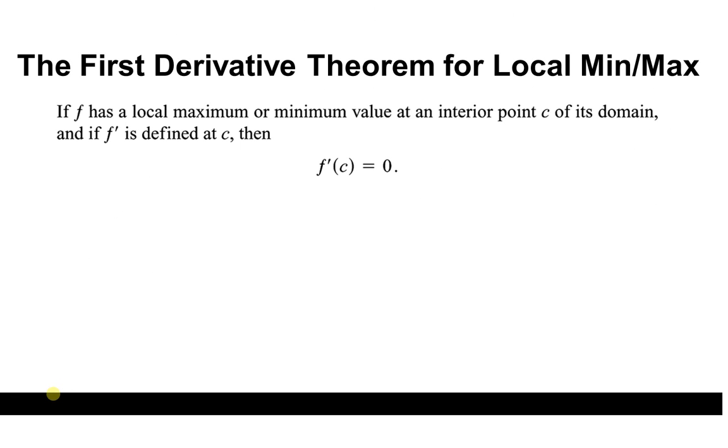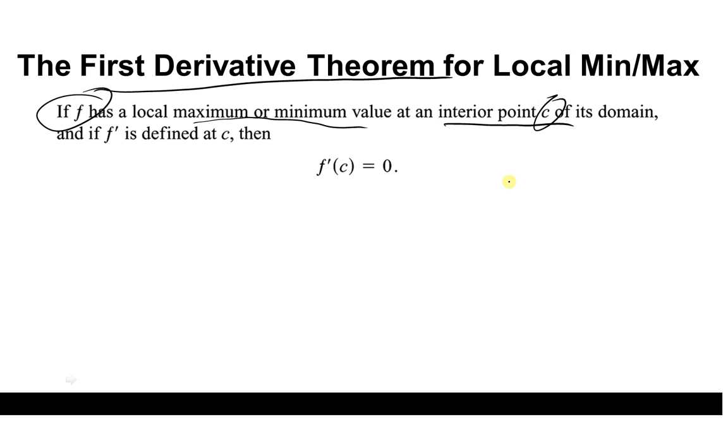Now here's a very important theorem called the first derivative theorem. It says that if f has a local maximum or minimum value at an interior point c of its domain, and if f prime is defined at c, in other words, if it has a derivative at c, then that derivative has to be equal to 0.